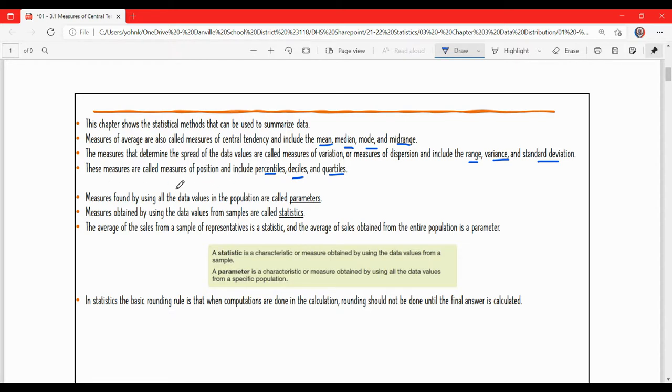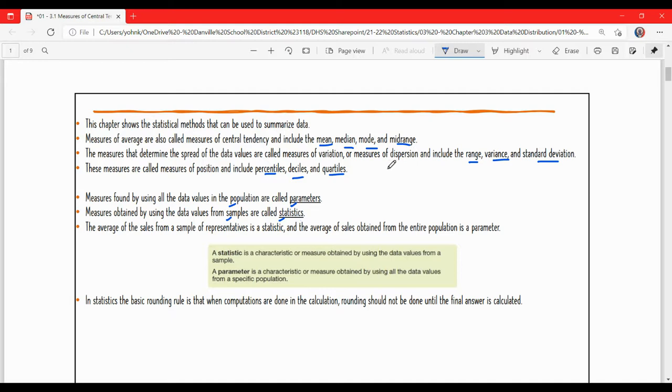I always notice that the P in population goes with the P in parameters, and the S in samples goes with the S in statistics. So if I'm going to describe a sample, I'm going to use a statistic. If I'm going to describe a population, I'm going to use a parameter.